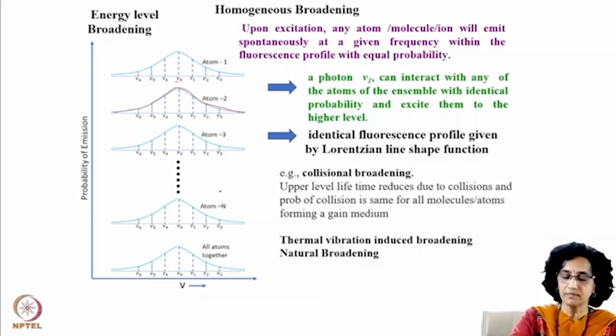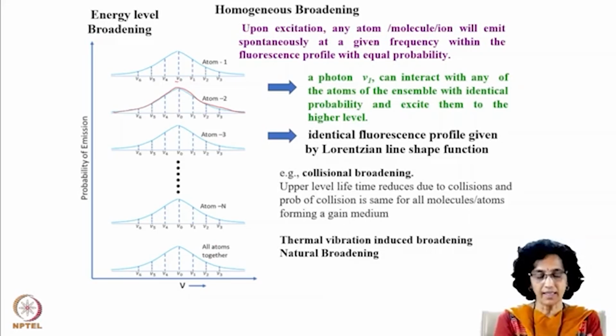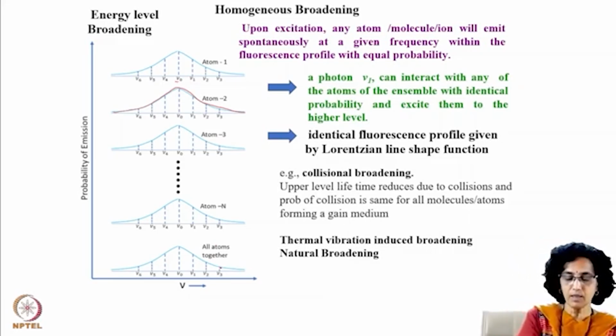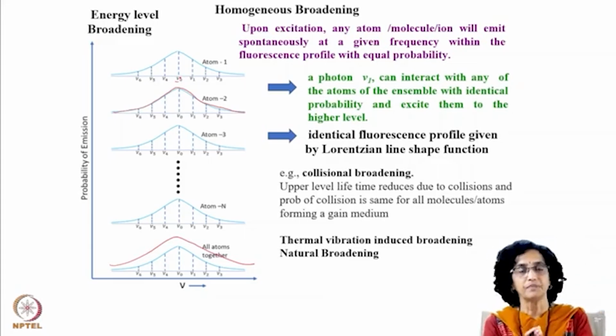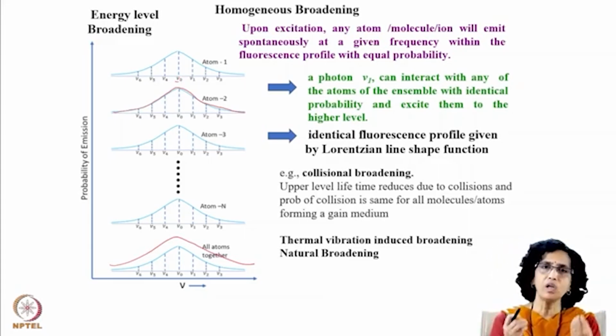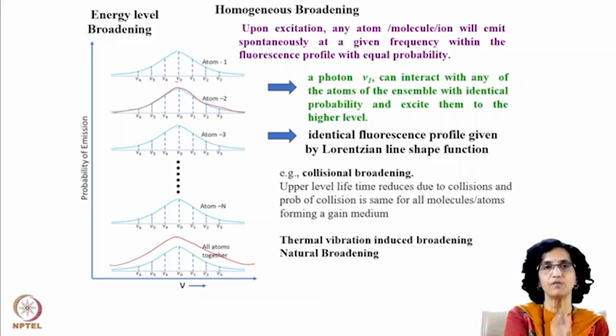I repeat this with many atoms or molecules and find that they are all identical, and therefore I can say that this is the fluorescence profile of all atoms put together, and it is identical to that of any atom. That means that all these atoms are identical in respect of their emission.